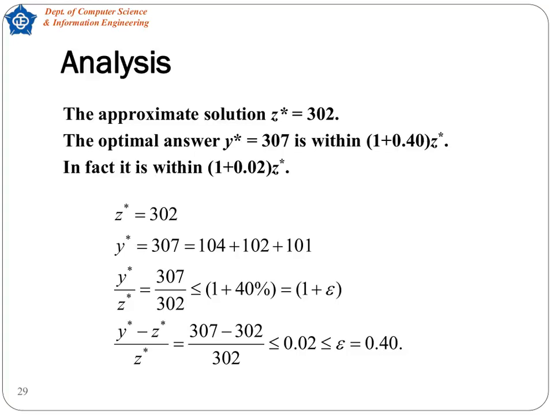Even better, the relative error, (y* minus z*)/z*, is only about 0.02, or 2%, well below our epsilon of 0.40. In other words, not only do we satisfy the theoretical 40% bound, but in practice our approximation is much tighter.